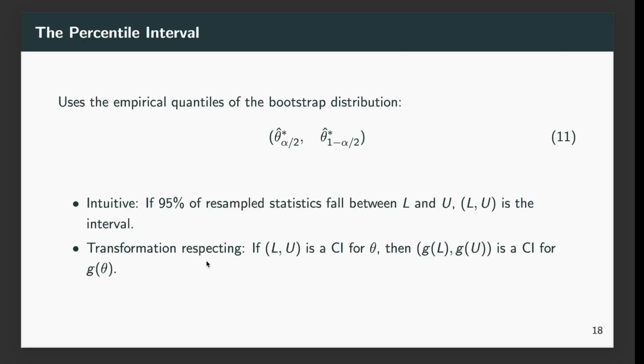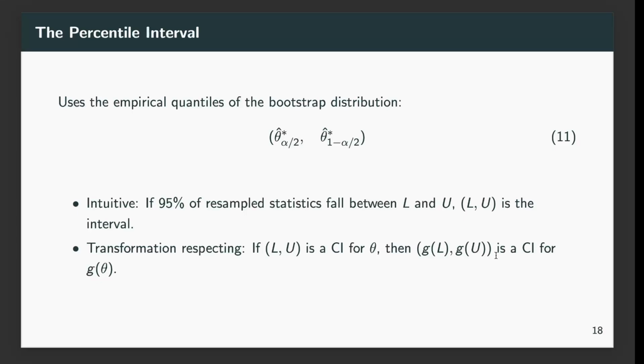And then it is transformation respecting, which means that if L and U is a percentile Bootstrap confidence interval for θ, then g(L) and g(U) is a percentile Bootstrap confidence interval for g(θ), for any monotone transformation g.